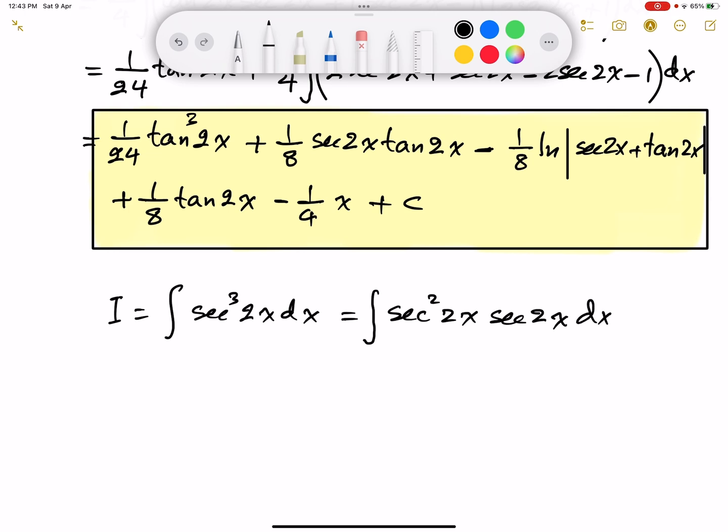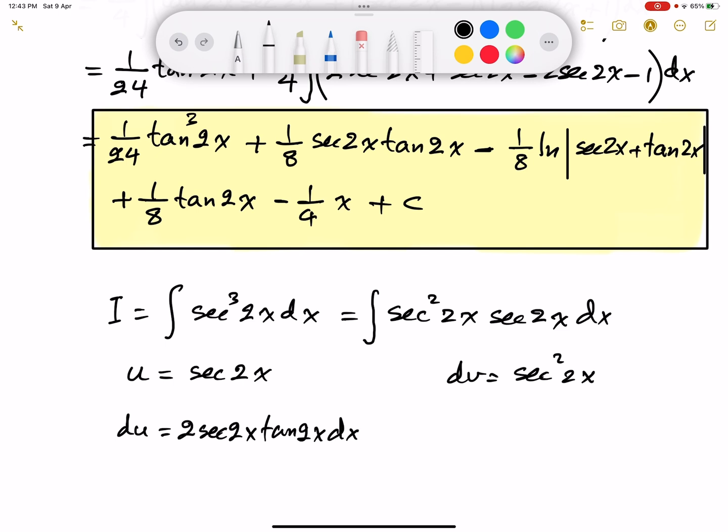So basically what we're gonna get here, I'm gonna let u equals secant twice x, and from that we can differentiate that. That's gonna give us twice secant twice x tangent of 2x dx, and dv, I'm gonna let dv equal secant squared of 2x dx, of course, and from that we can calculate for v by integrating secant squared of 2x. So that's going to give us half tangent of 2x.